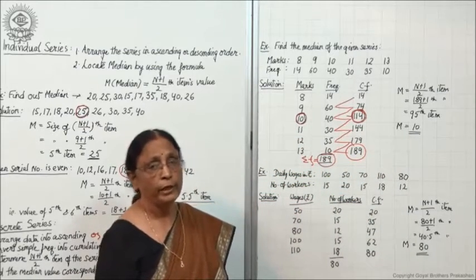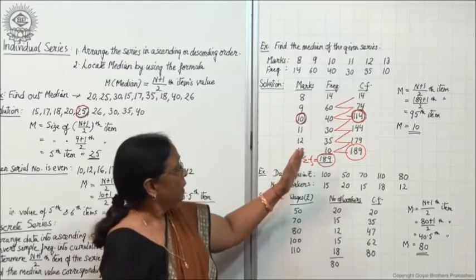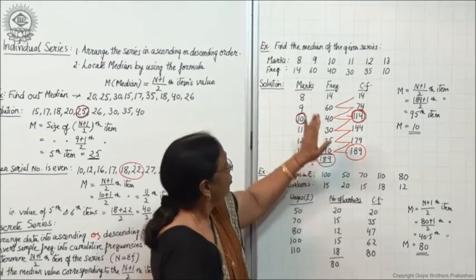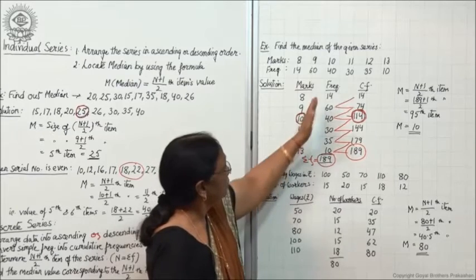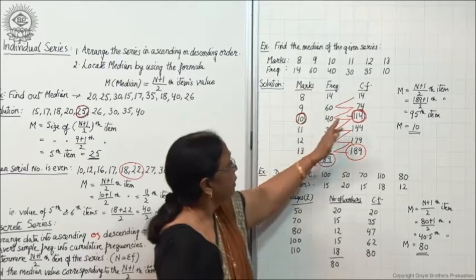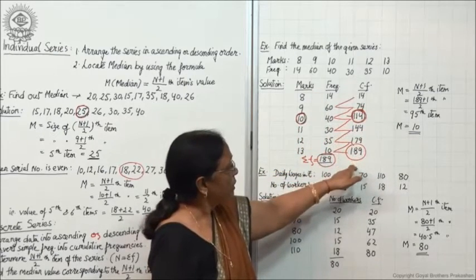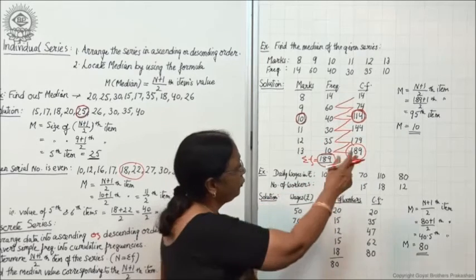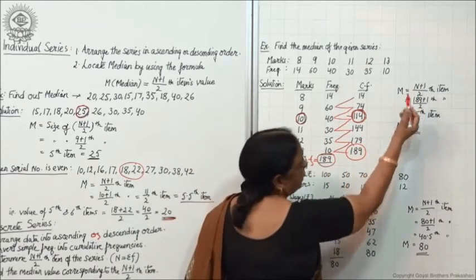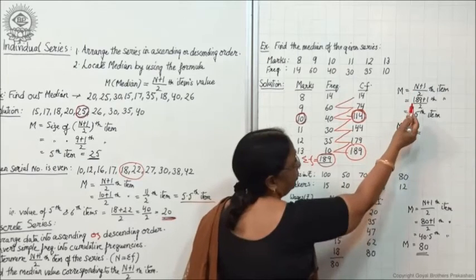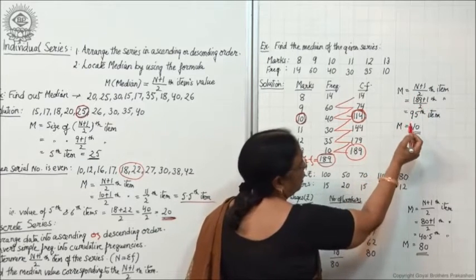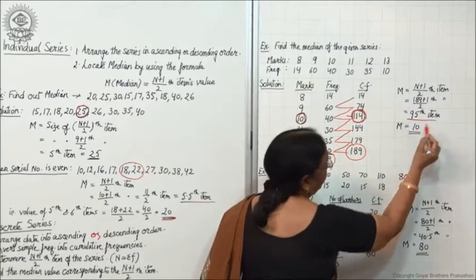I think you have followed it. I'll make it more clear to you now. First you will copy down the marks column, second frequency, calculate cumulative frequency, apply the formula, n will be sigma f, 189 plus 1 upon 2th item, then you get the 95th item.